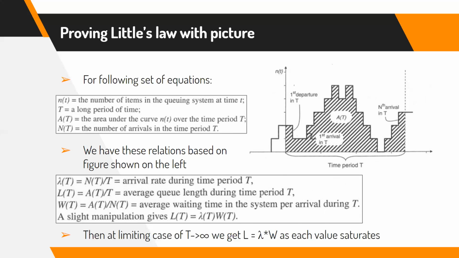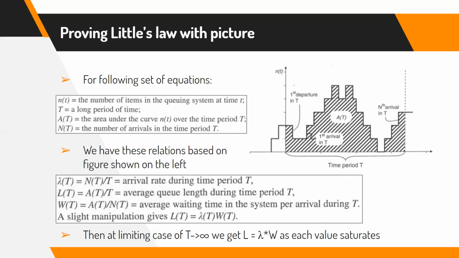This represents the average waiting time in the system per arrival during T. And with a slight manipulation, we can finally represent L(T) as a product of lambda(T) and W(T).